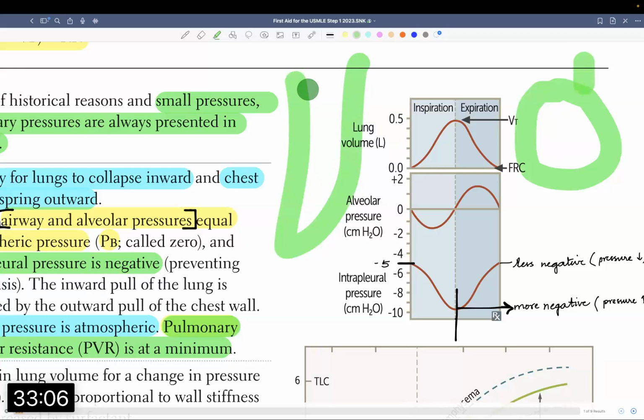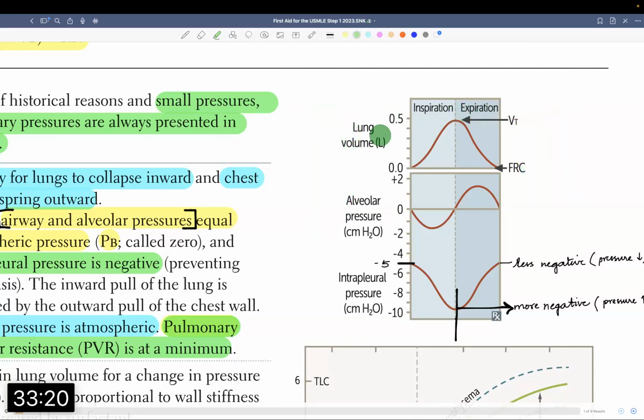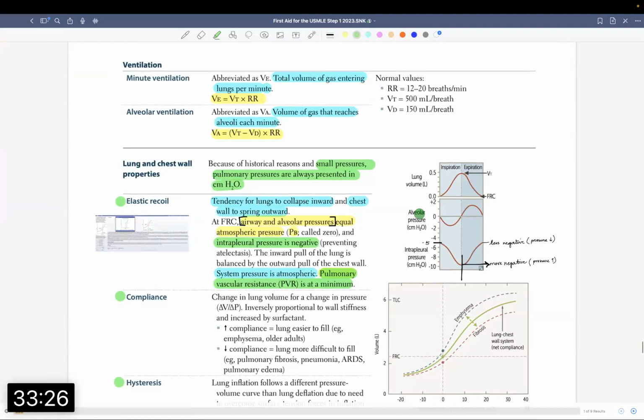So this is a volume and this is a pressure. Pressure means force, right? Yeah. Normal VT is actually 500 ml, right? So 0.5 liters, the same as 500 ml. Okay, thank you.